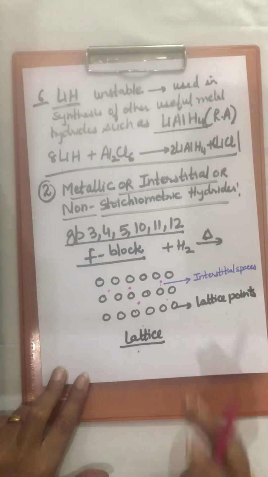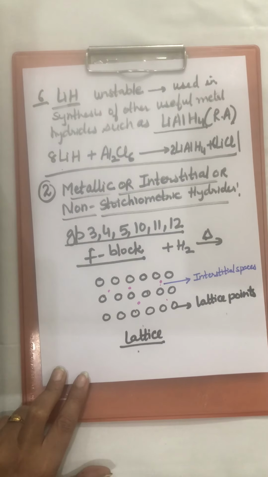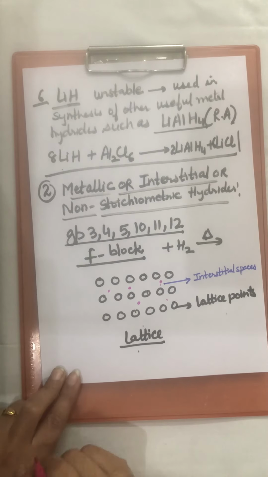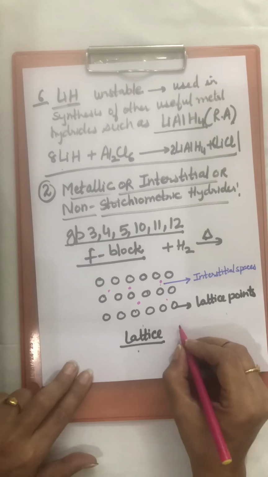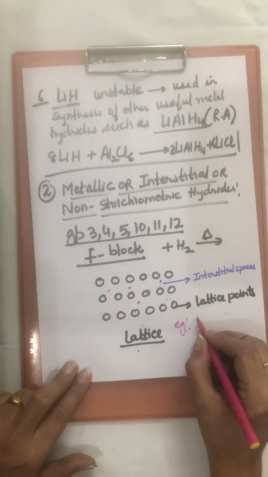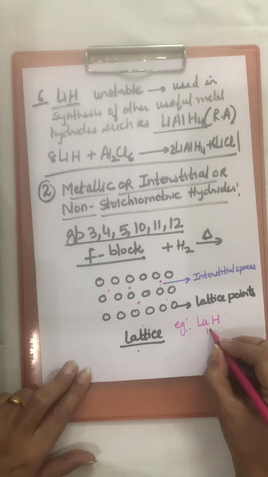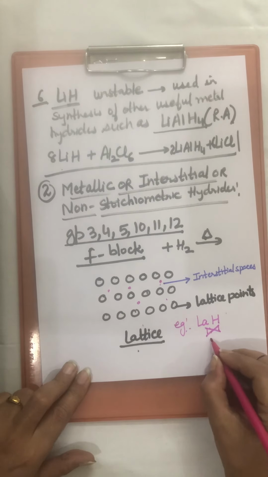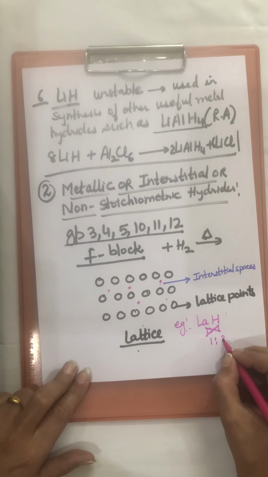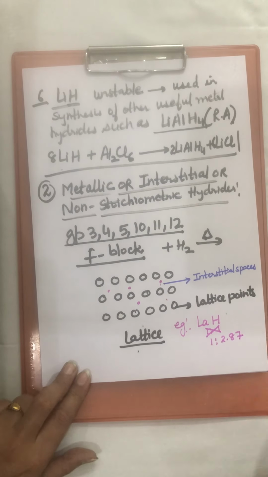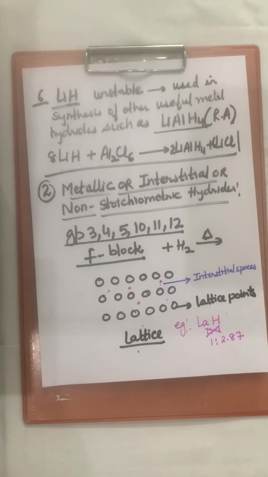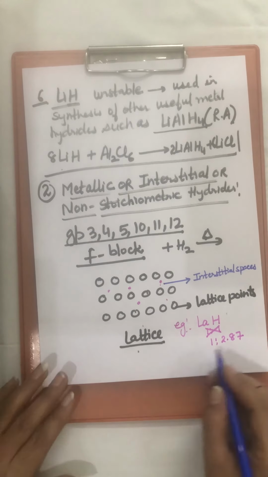So the formula of this compound will not obey the law of constant composition. For example, LaH: hydrogen is not in the ratio 1:1. It is 1:2.87. Hydrogen here is 2.87.